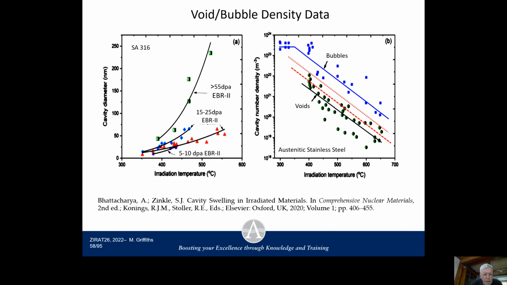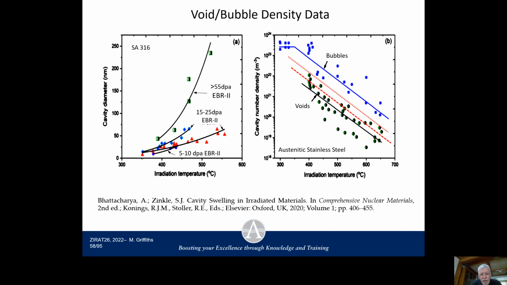So Bhattacharya and Zinkle made a nice summary of both the cavity diameters as a function of irradiation temperature, but also the cavity number density as a function of temperature, for both voids and for bubbles.